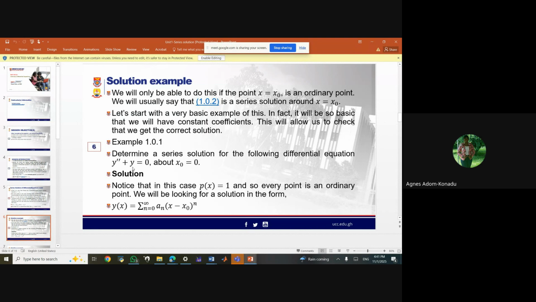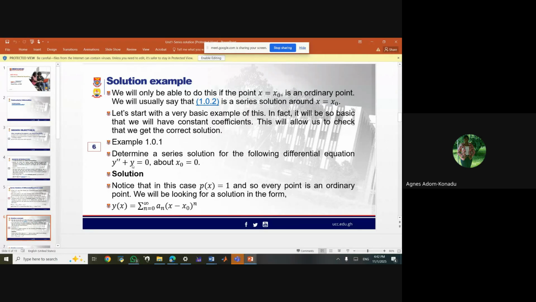So notice that in this case, P of x is equal to 1, and so every point is an ordinary point. When we talk about ordinary points, it means that we're going to get a finite value for Q of x over P of x and R of x over P of x. Here, my Q of x is 0, so 0 over 1 is 0, and it's a value.